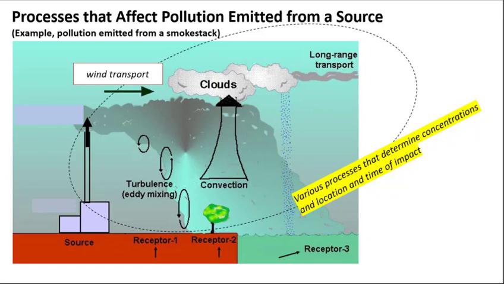Once an air pollutant is emitted, the concentration that results downwind is determined by various processes. The most obvious is the movement within the wind, the particular direction of transport depending on wind direction. This is the most clear example of meteorological effects on air pollution.